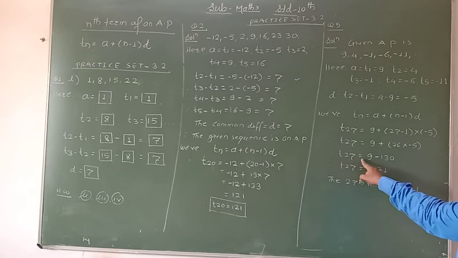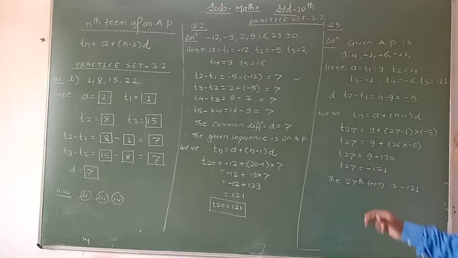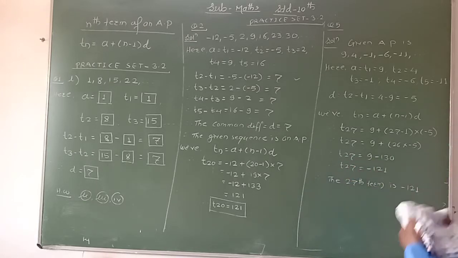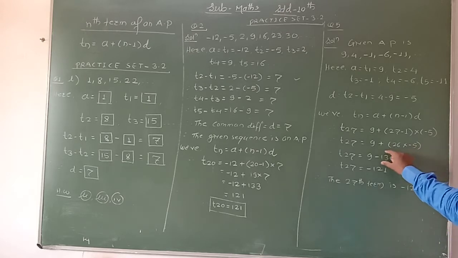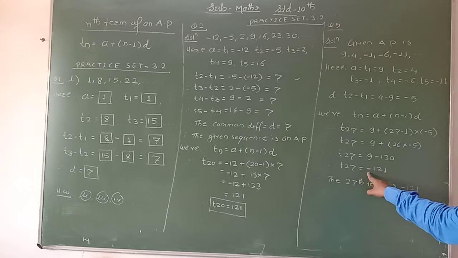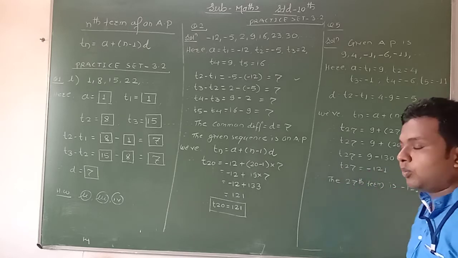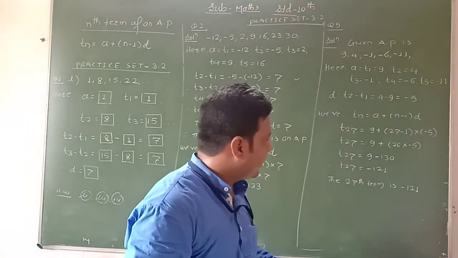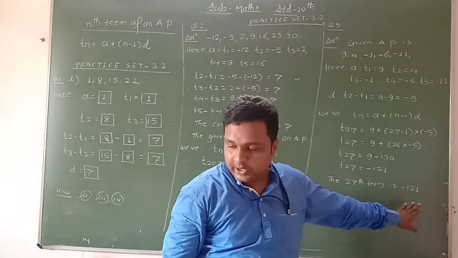Therefore, T27 is equal to 9 minus the multiplication of 26 into 5, which is 130. Therefore, T27 is equal to minus 121. Therefore, the 27th term of the given arithmetic progression is minus 121.